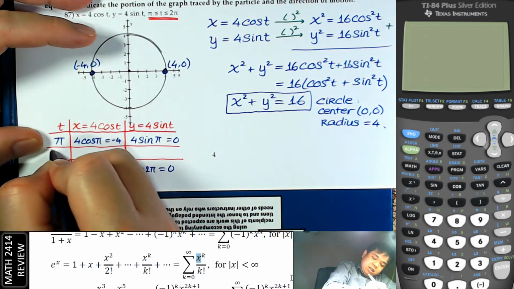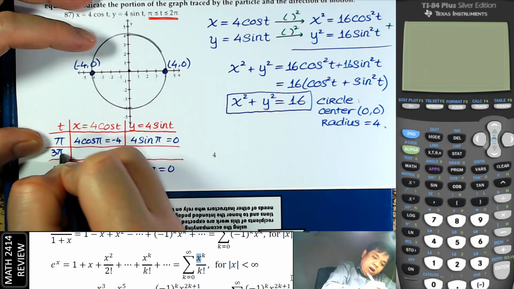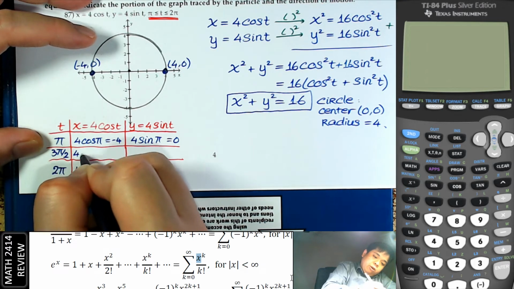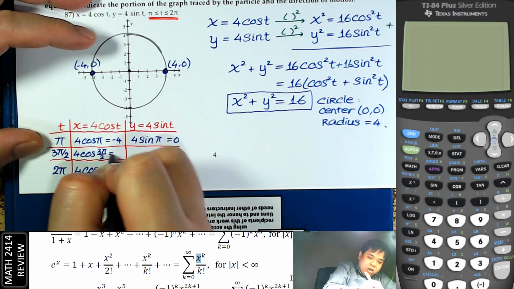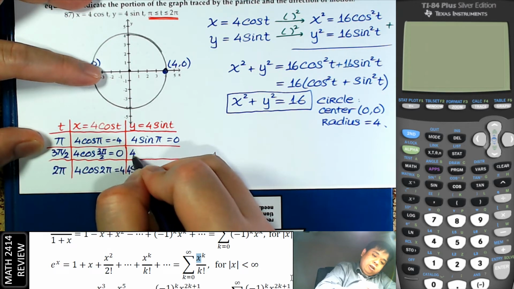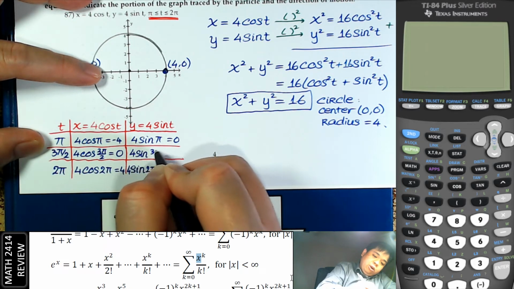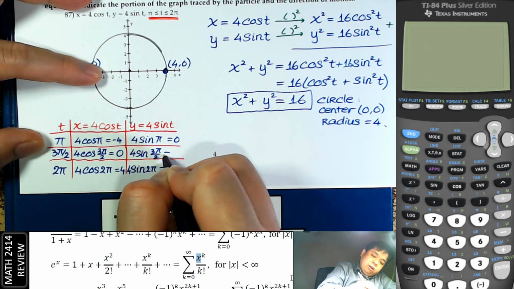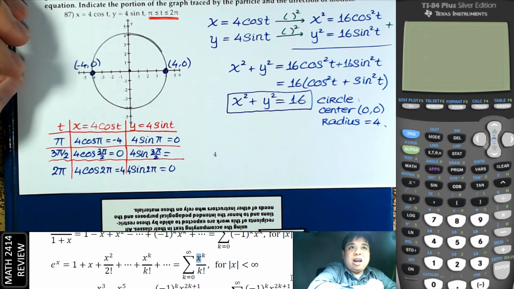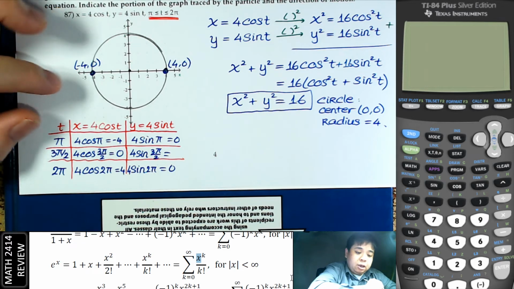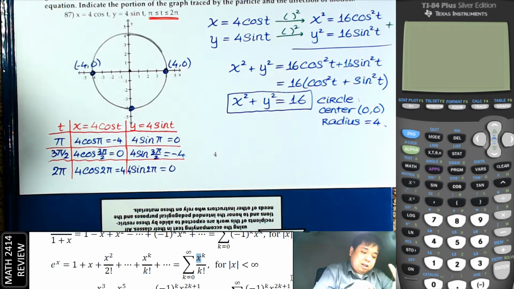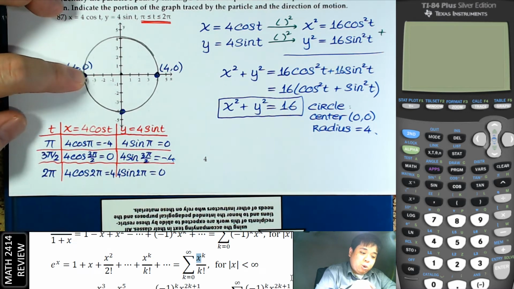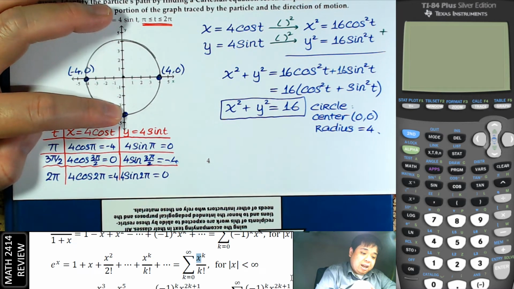Now let's test the point in the middle, 3 pi over 2. 4 cosine of 3 pi over 2, cosine of 3 pi over 2 is 0. And 4 sine of 3 pi over 2, sine of 3 pi over 2 is -1, and this is -4. So at t equal to pi we have this point, then 3 pi over 2, and then 2 pi.